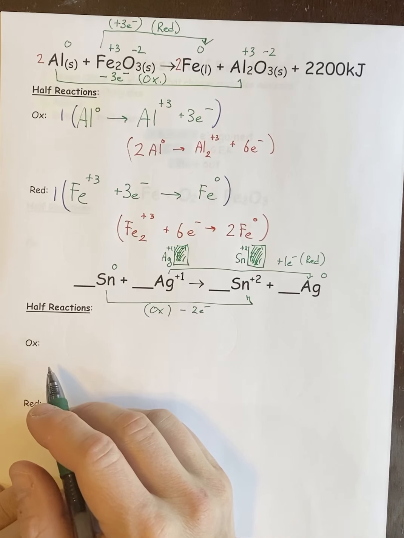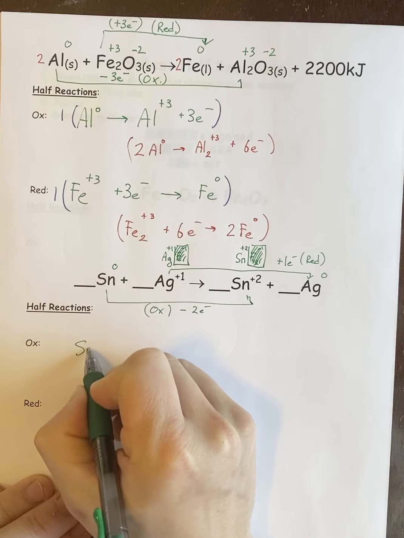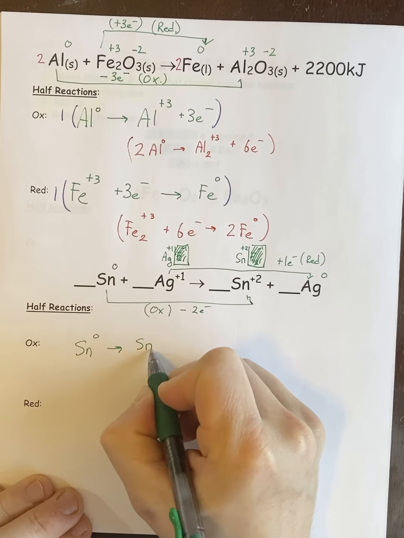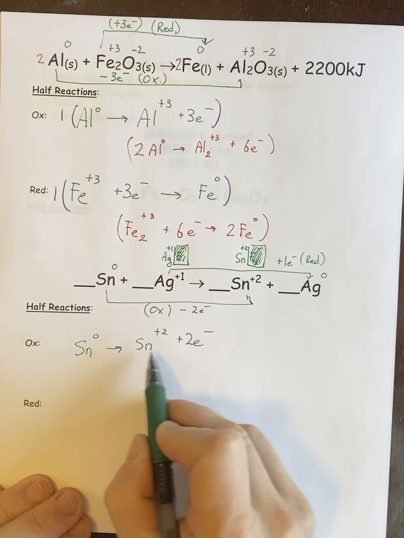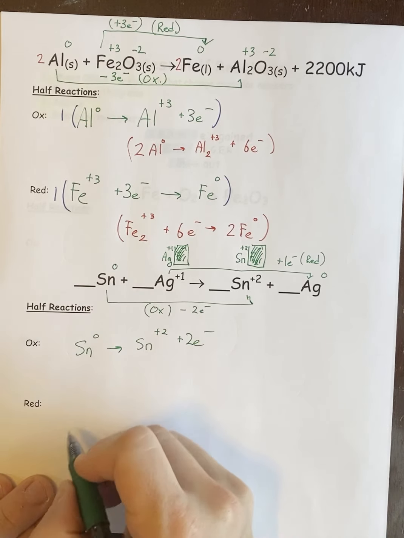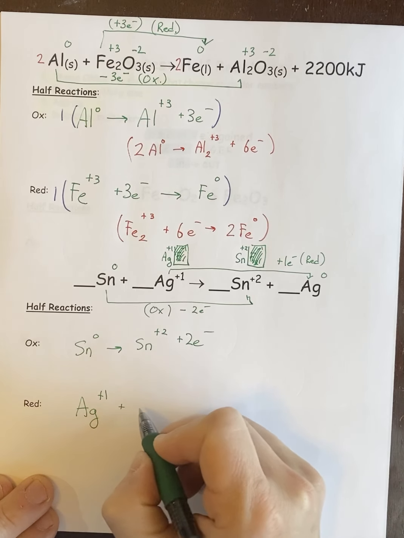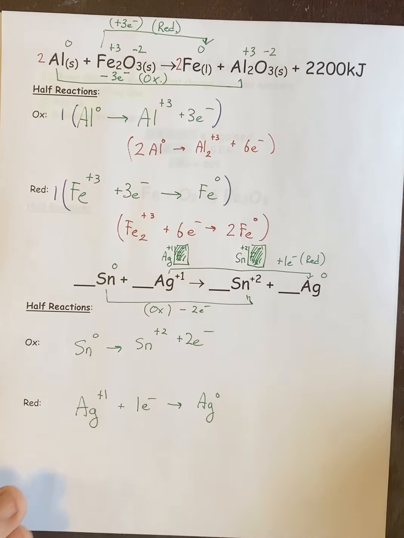And then you go in and you say, okay, the oxidation half reaction is going to look like this. So Sn0 turned into Sn +2 plus 2 electrons. And then the reduction half reaction is going to be Ag +1 plus an electron turns into Ag0.